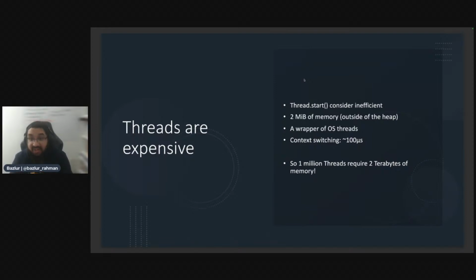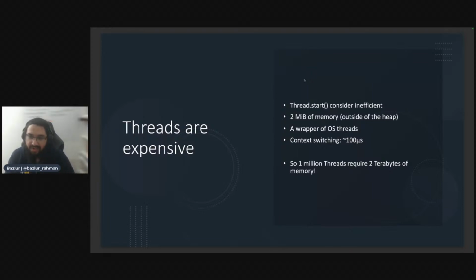And even if we can create them, if the number of native threads is quite large, it will take a lot of memory. And if main memory is not available, then it will use paging and other operating system steps. I'm not going to go into those details, but if we have a lot of threads, it requires a lot of memory.